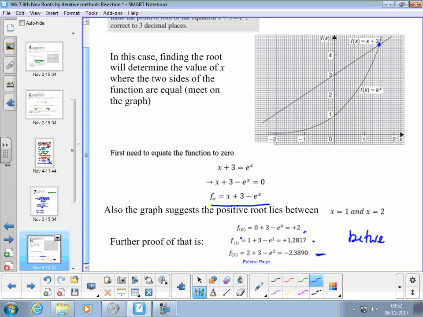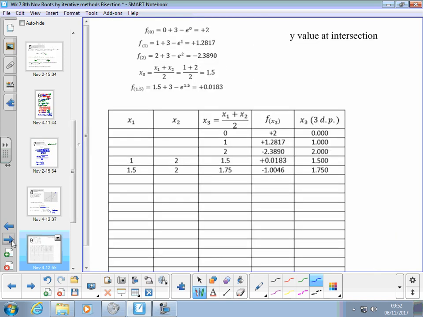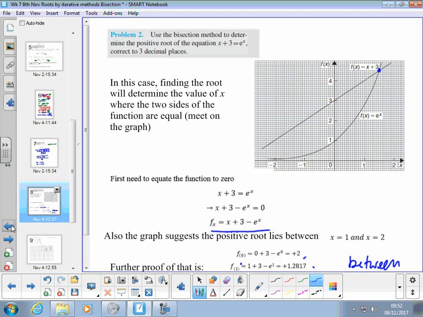between two. Off you go. See if you can use the bisection method step by step to find out to, what would we say, how many significant, 3 decimal places this time.